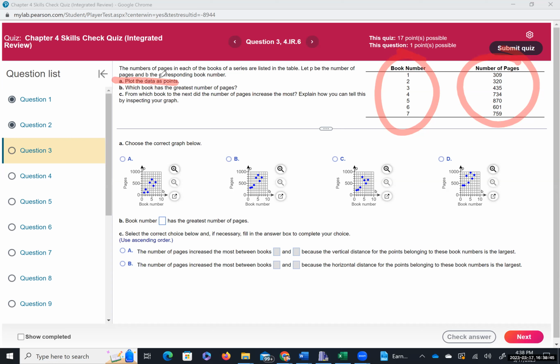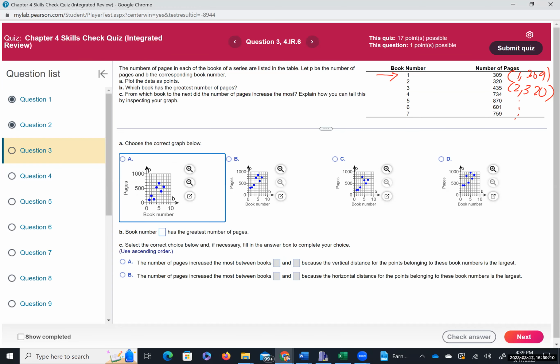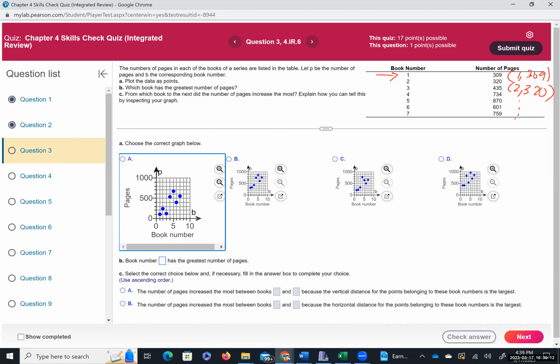So we're going to have something like (1, 309), and the next one will be (2, 320), and so on. So let's choose the correct graph first. Let's take a look at the one over here and see if that's the correct one.